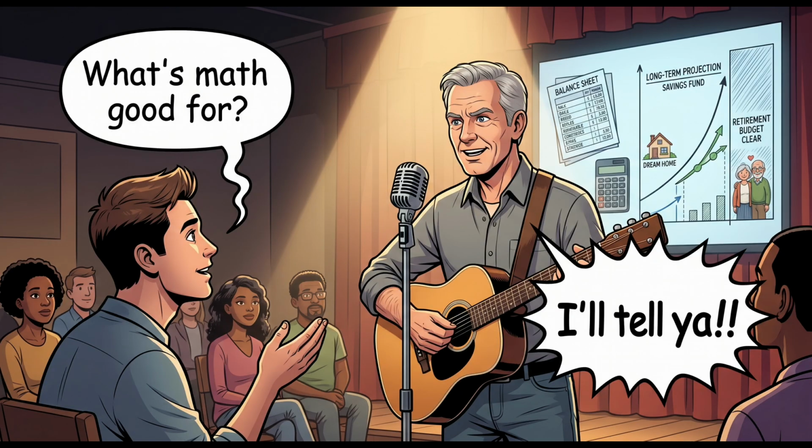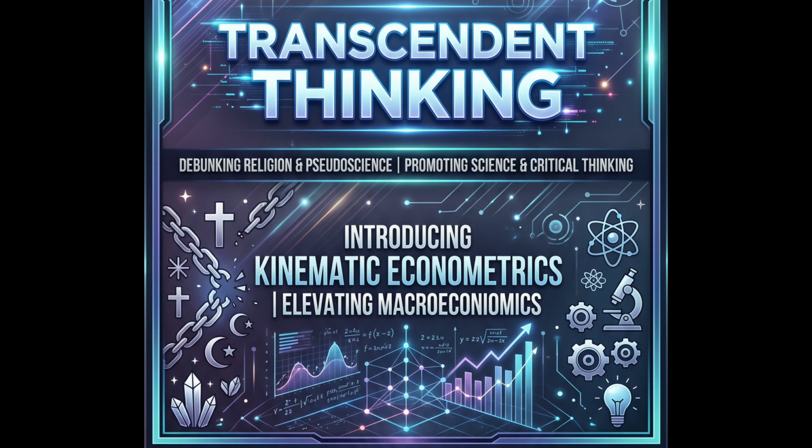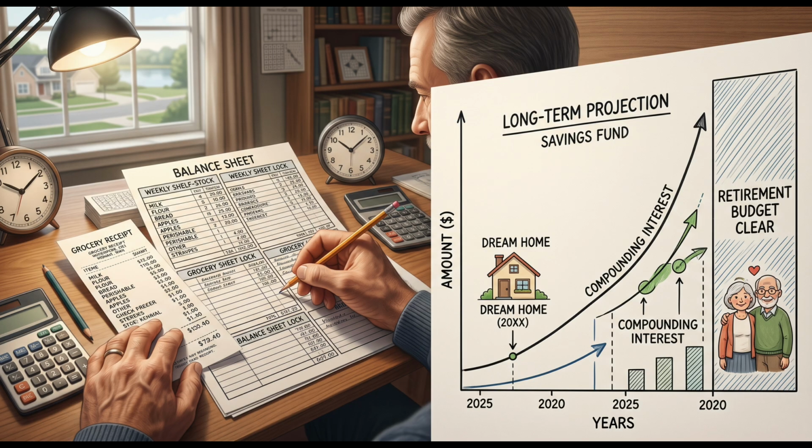What's math good for? I'll tell ya. The receipt is a paper trail of variables, tracking the milk, the flour, the perishable, adding the sum of the weekly shelf stock against the clock of the balance sheet lock.